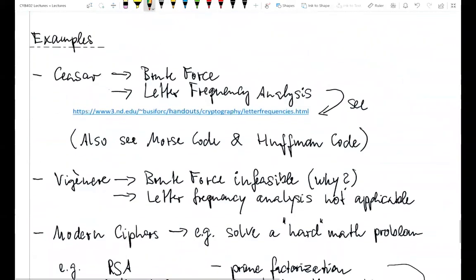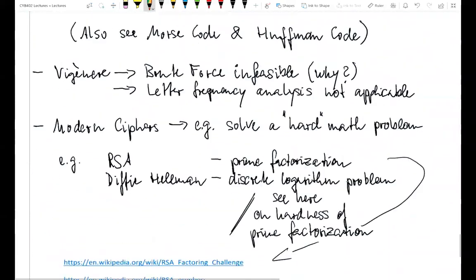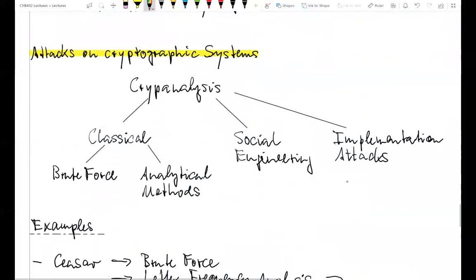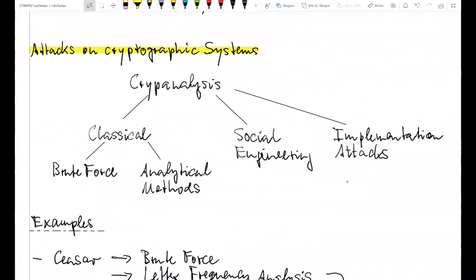Okay, here comes our last topic for this second part of lecture 1, which is attacks on cryptographic systems. In other words, we speak about cryptanalysis, how to break ciphers. Cryptanalysis has different branches.